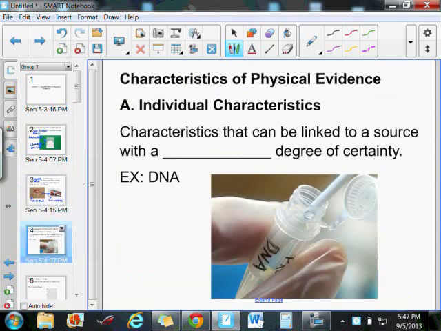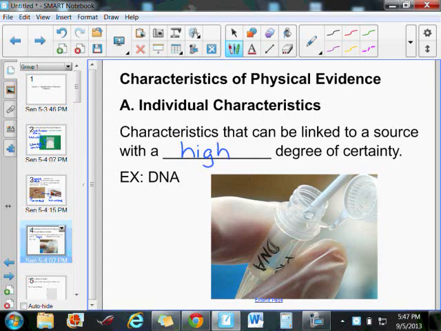Now, when we're looking at physical evidence, there are some characteristics of that evidence we can use to tell us if we can figure out its source or not. Right? The first type of characteristics are individual characteristics. These are characteristics of the piece of evidence that can be linked to a source with a high degree of certainty.